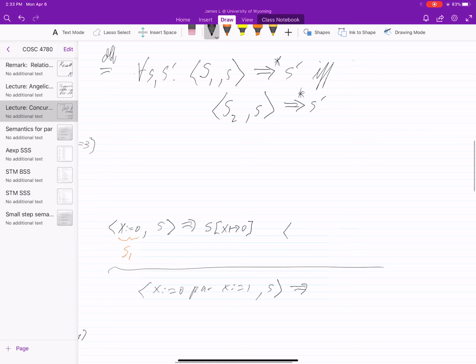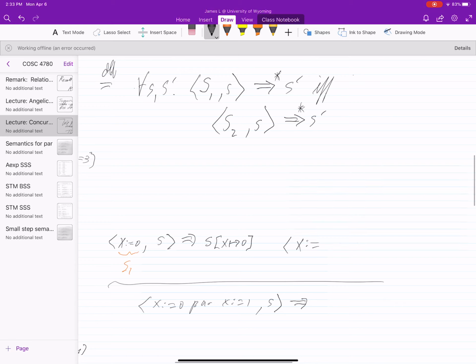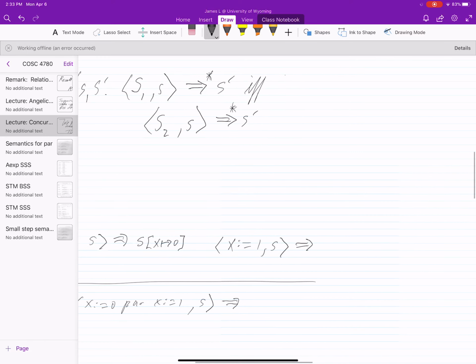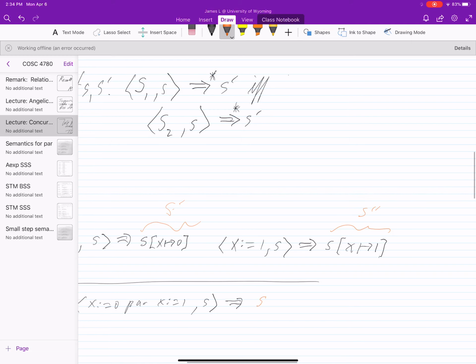And then this one, X gets the value of 1, also in the original S, yields S where X evaluates to 1. And so if I call this one here S prime, and this one here S double prime, then I said, okay, this evaluates to S prime with this funny plus union operator, S double prime.